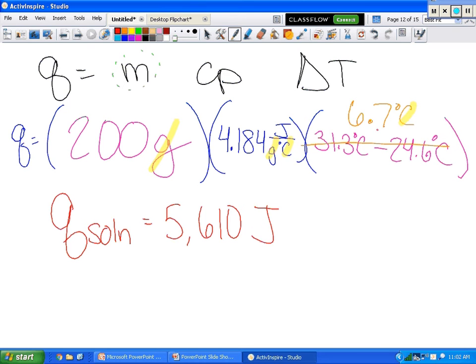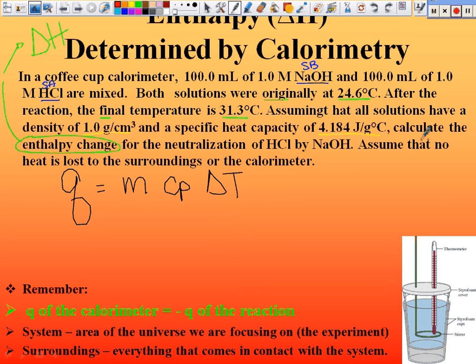The question was, calculate the what? Enthalpy change for the reaction. And here's the question. What is that? That's a reaction, correct? So down here in green, we said the Q of the calorimeter is equal to negative Q of the reaction. So you told me that the Q of the solution, which again is what?